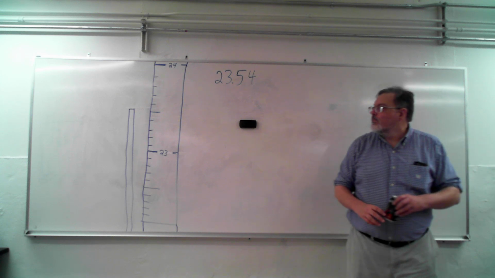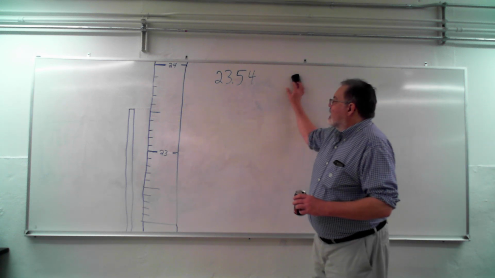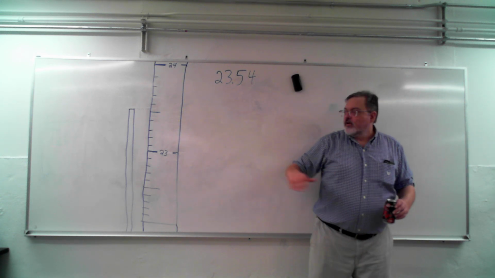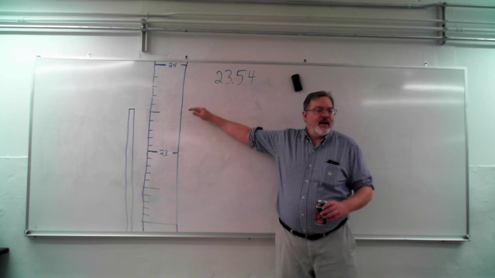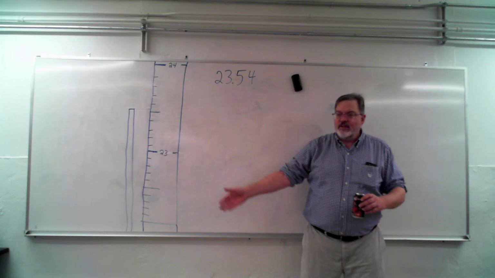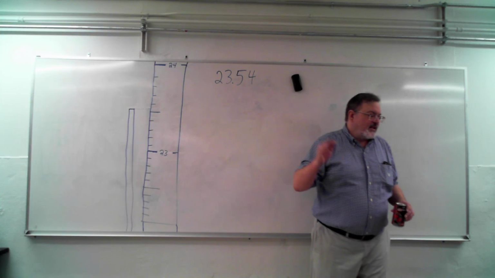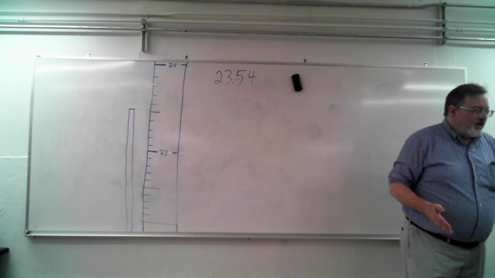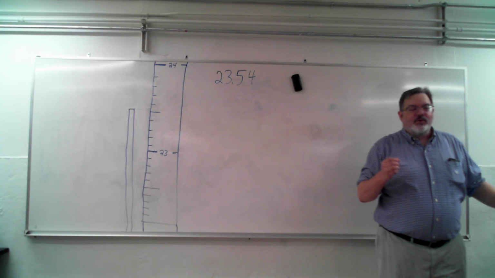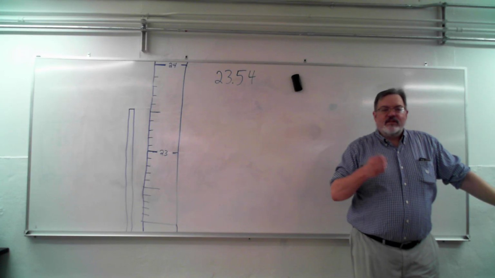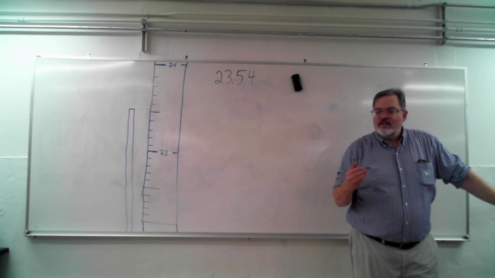I mean, if you were reading this number, so now you're the reader of the number, you're not the person having to make the judgment, somebody else has already done it, and you're assuming they've done it correctly. And you're reading this number, you would say, how many significant figures? It's also another way of saying how precise the number is. But I'll say significant figures or significant digits from now on.